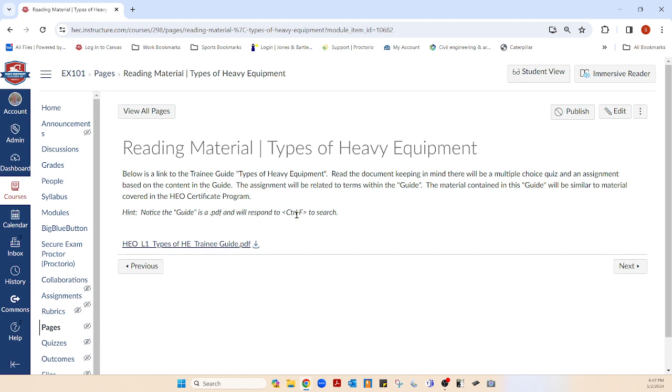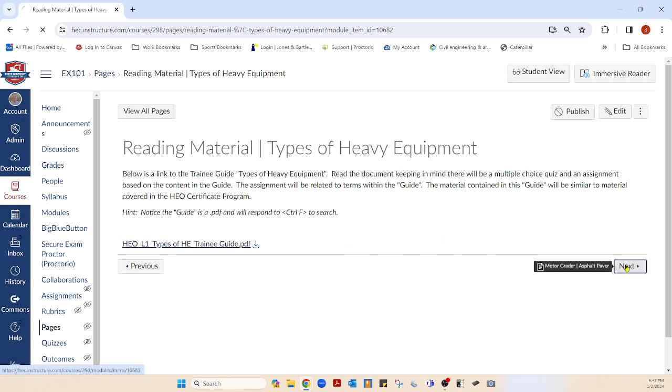If you're looking for something regarding the question I've asked, use this and take a shortcut, find where it is in the trainee guide. So that's the whole 30-something pages worth of reading and looking and understanding. And that's on you. I'm not going to read it to you.